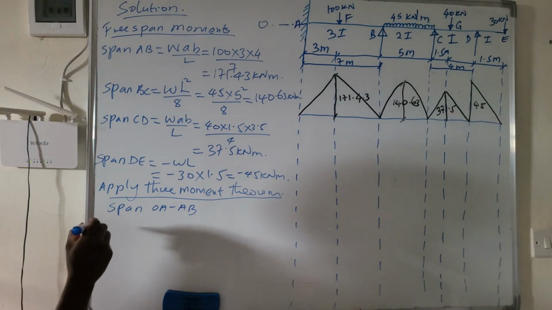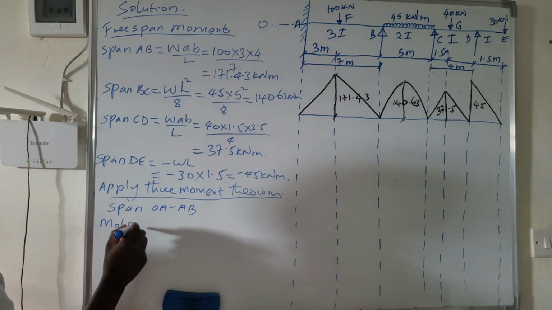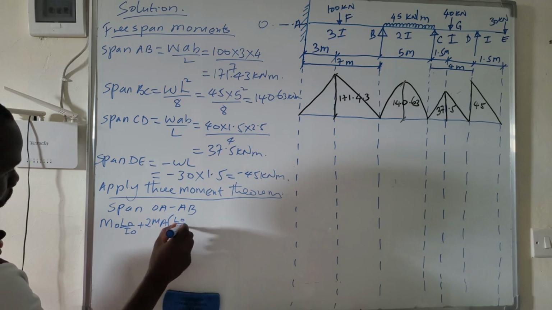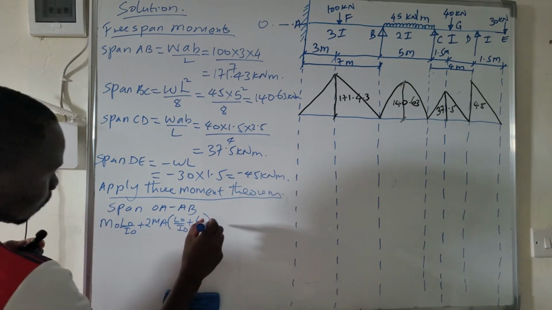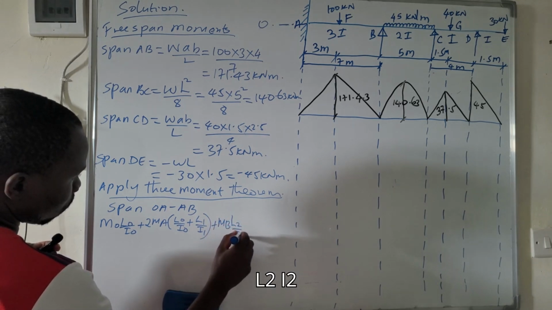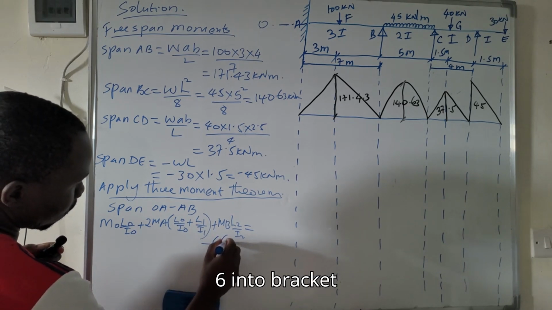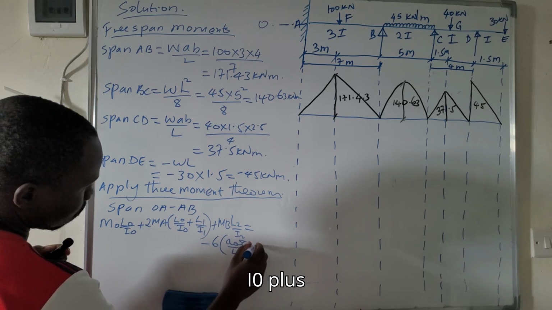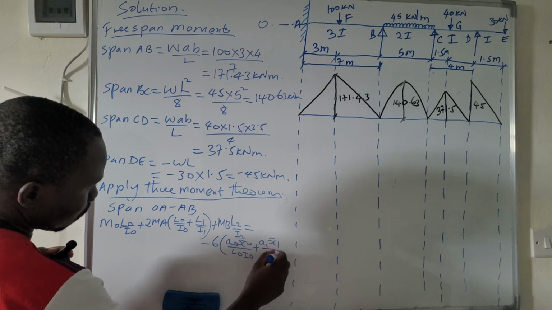Our formula will be M_O L_O over I_O plus 2 M_A into bracket L_O over I_O plus L_1 over I_1 close the bracket plus M_B L_2 over I_2 is equal to minus 6 into bracket A_0 x bar_0 over L_0 I_0 plus A_1 x bar_1 over L_1 I_1.